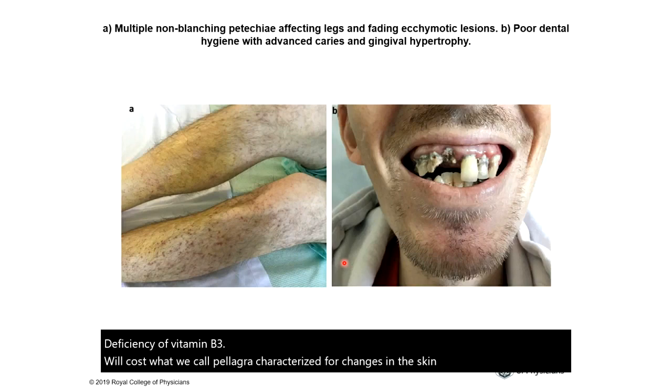Pirates spent a lot of time in their boats with no vitamin C, and they started having petechiae in the skin and also gingival problems and problems in the mouth, such as gingival hypertrophy with very poor dental hygiene and caries. In this case, as we're showing here, it's also because of deficiency of vitamin C.